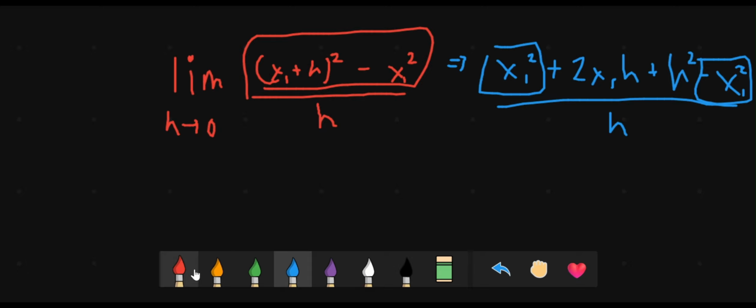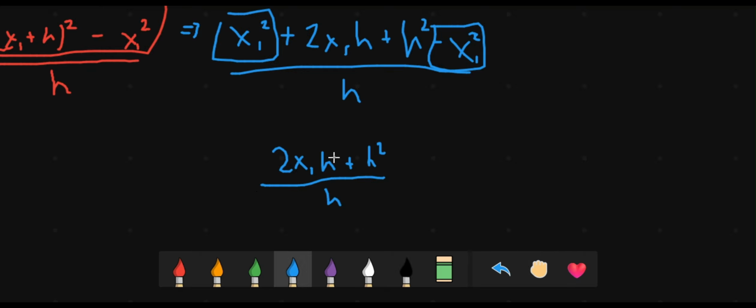So we can rewrite this expression as 2x1h plus h squared over h. We can rewrite this again: we can factor out an h from the top, so we get h times 2x1 plus h, divided by h.